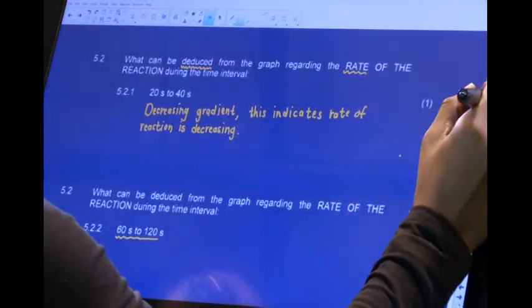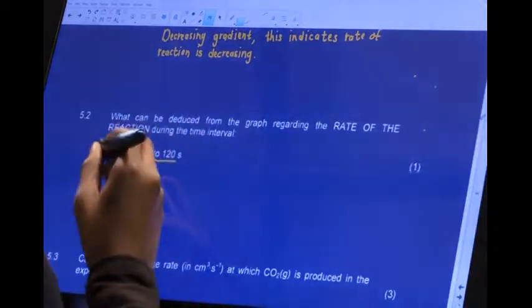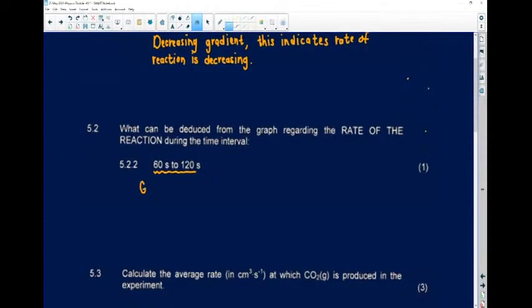A flat gradient means the gradient is 0. Remember, you have to indicate that the gradient is 0 because you're showing the examiner that the reaction rate has actually stopped. So this indicates that the rate is 0.